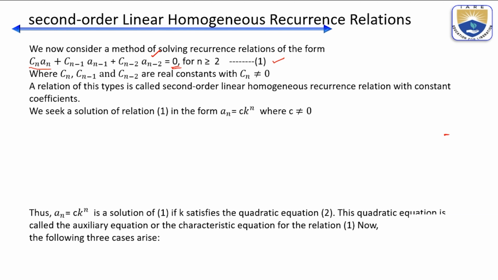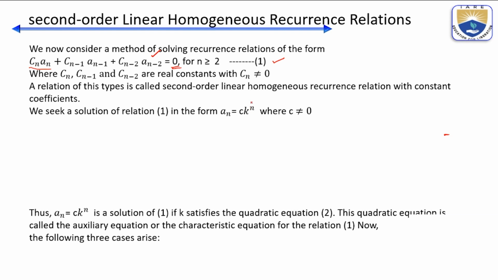So here C1, C2, Cn, Cn minus 1, Cn minus 2 are all real constants provided that Cn is not equals to 0. If any recurrence relation is of this form, in order to find the solution, first of all we are going to find the auxiliary equation.